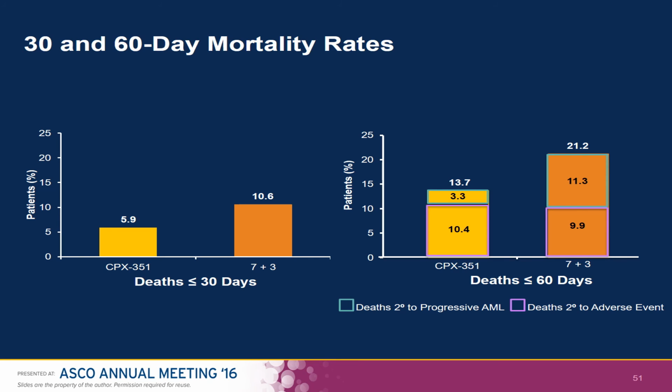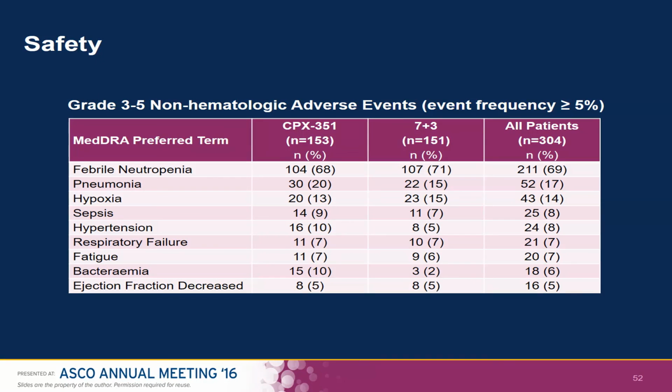In terms of event-free survival, there was a statistically significant advantage for CPX-351. And in terms of response rate, again, you can see that if you just look at CR, there was an advantage, which was statistically significant. And if you brought in the CRi into it as well, again, there was a significant advantage for the CPX-351.